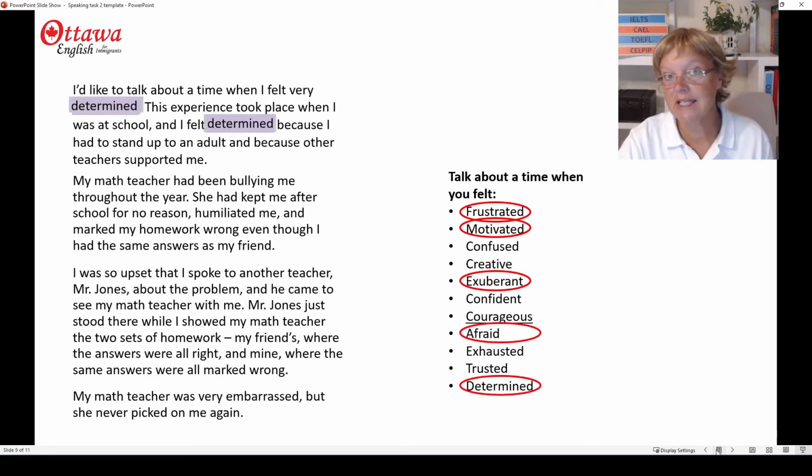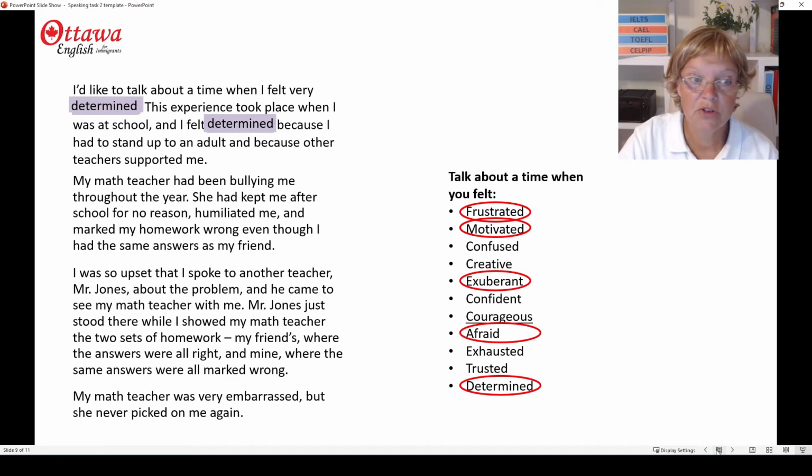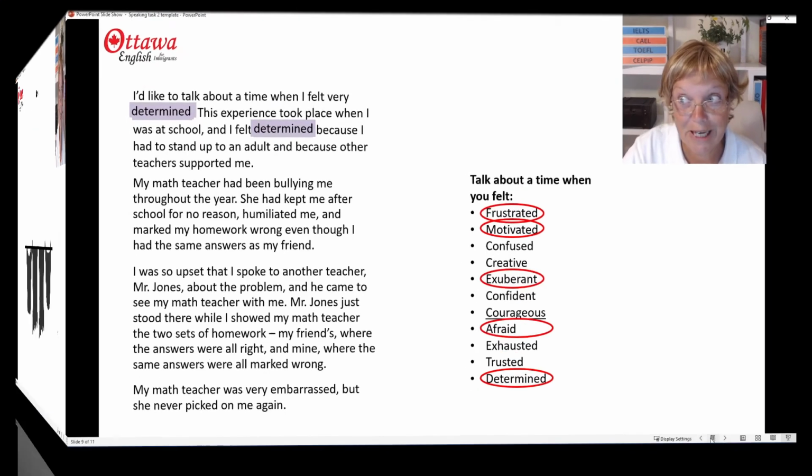So I'm using exactly the same story to illustrate all of those different emotions. And you can do the same thing. Your examiner doesn't know that it's the same story for all of them. Only you know that, and that's okay.